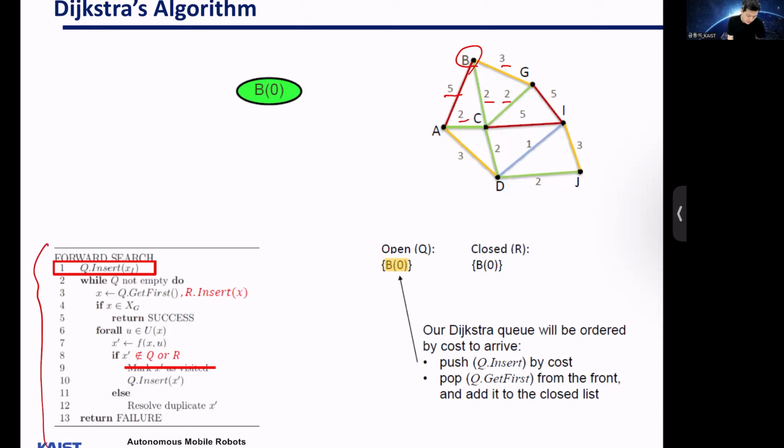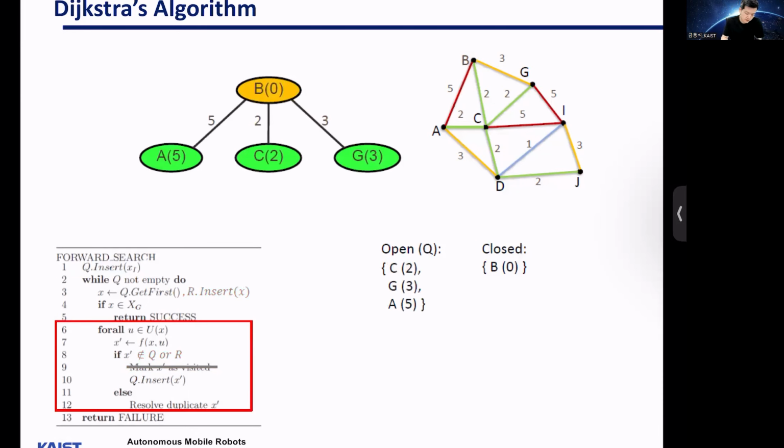By the way, this is the pseudocode, and I'm going to explain what this pseudocode does. We are going to build the tree, branching out the actions we can take starting from B. So we can go to A, C, and G with costs of 5, 2, 3.